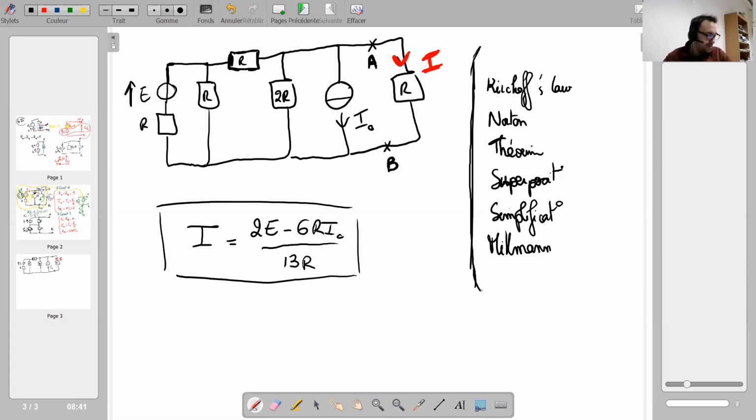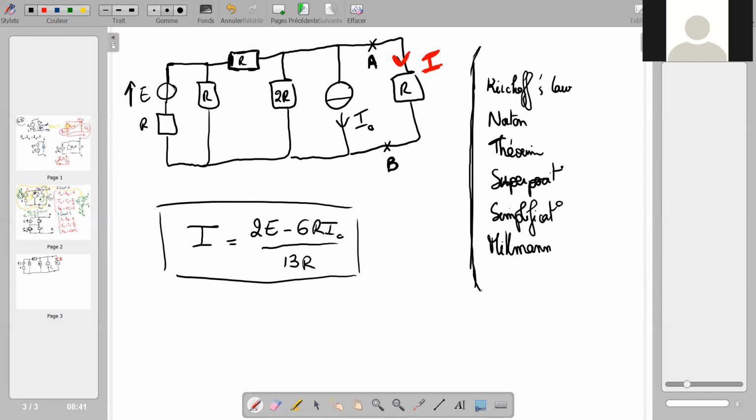So go for it. Depending on the method you use, it may take you from, I don't know, 2 minutes to 20 minutes to solve. I tried Norton and it went quite fast. Okay, perfect. You get the right result?